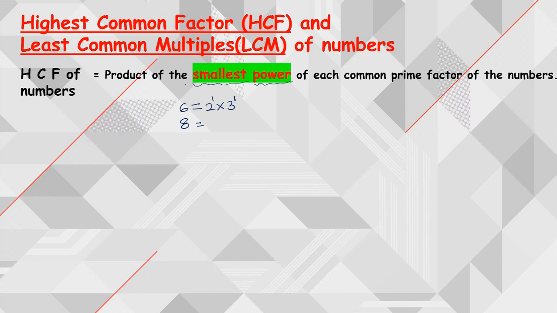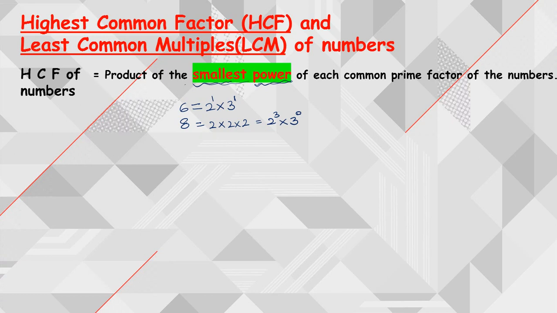Next, 8 I can write as 2 into 2 into 2, which is 2 power 3. Do we have 3 as a factor in this? We don't, so you can simply write it as 3 power 0. Now the HCF of numbers says the product of the smallest power of each common prime factor of the numbers.